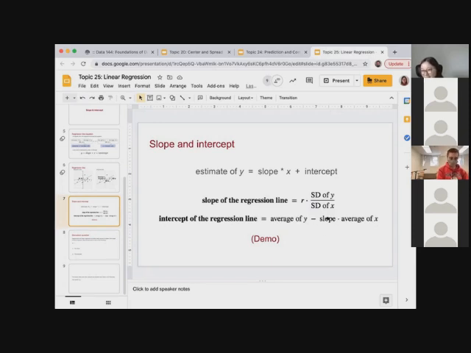That's another reason the slope has units: the average of Y is in dollars and the average of X is in grams. So in order to bring slope times average of X to the same units as average of Y, the slope has to have units of dollars over grams.